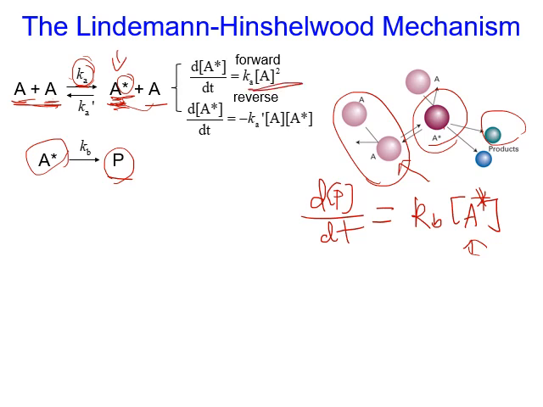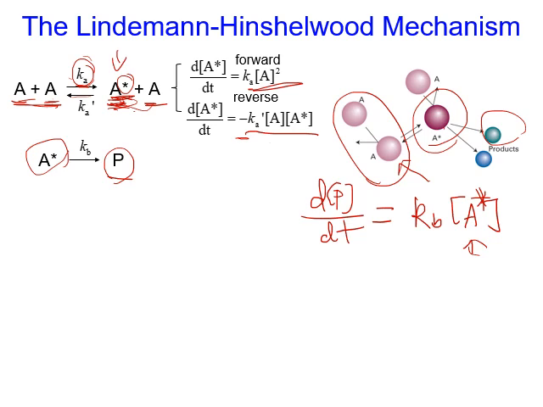That's the forward rate law to produce the intermediate. The reverse reaction consumes A star, and therefore it has a negative sign. The reaction is also second order because it's a bimolecular reaction. You have A star, you also have A, and that's why you have Ka prime times A star times A, with a negative sign.